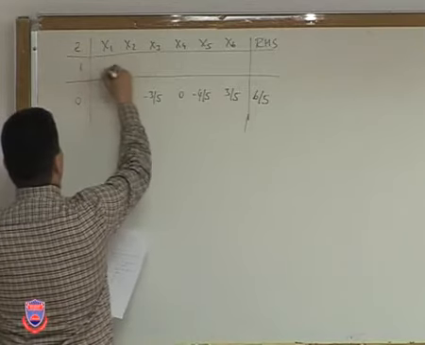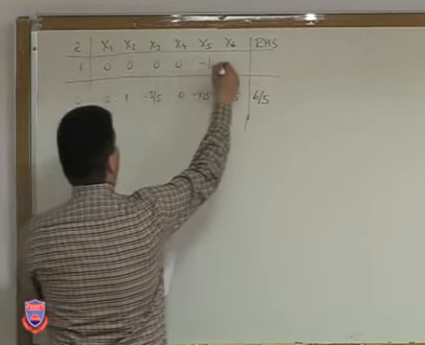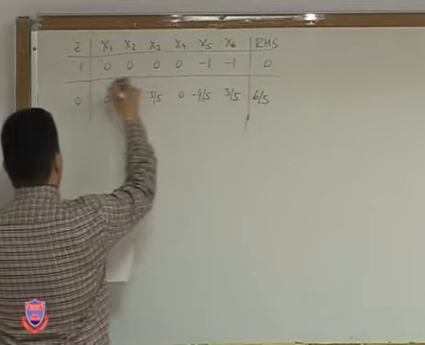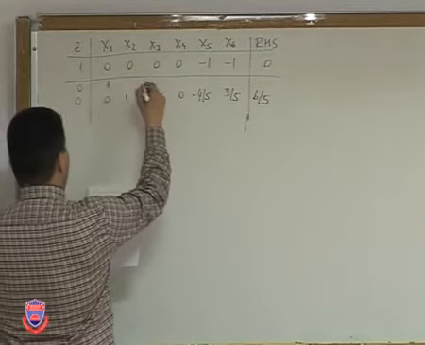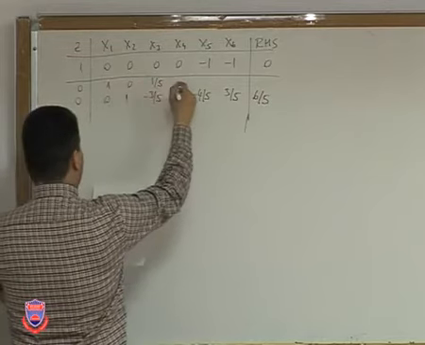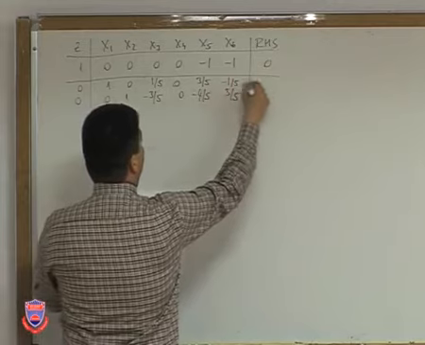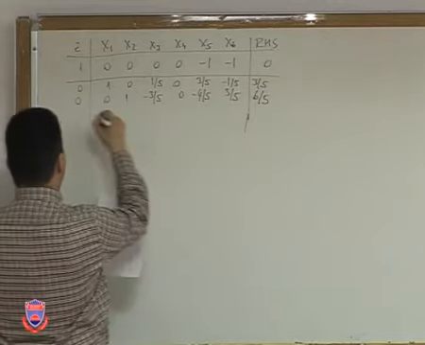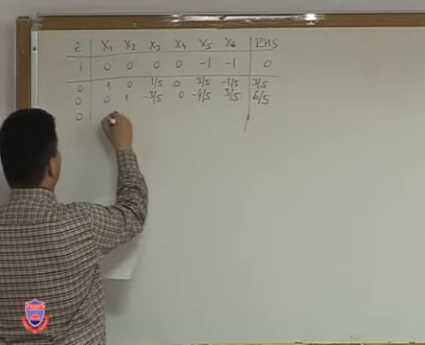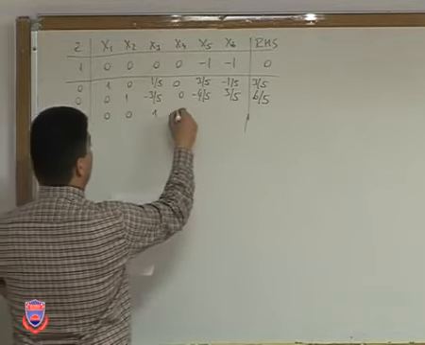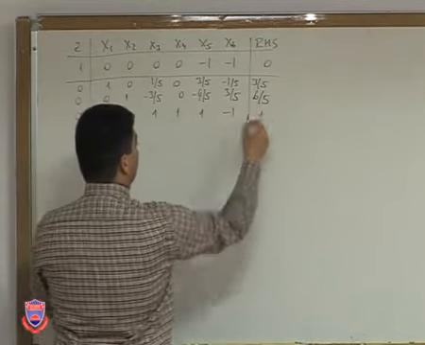And if you do that, you have 1, 0, 0, 0, 0, minus 1, minus 1, 0 in row 1, 0, 1, 0, 1 over 5, 0, 3 over 5, minus 1 over 5, and 3 over 5. And finally, 0, 0, 0, 1, 1, 1, minus 1, right-hand side value is 1.